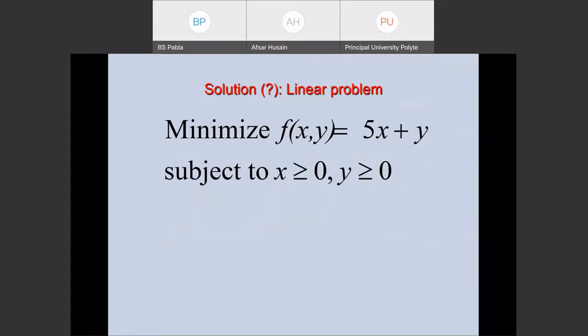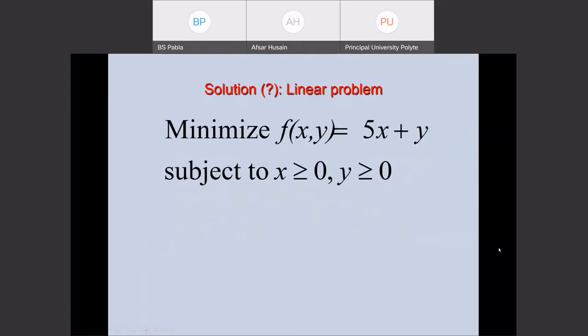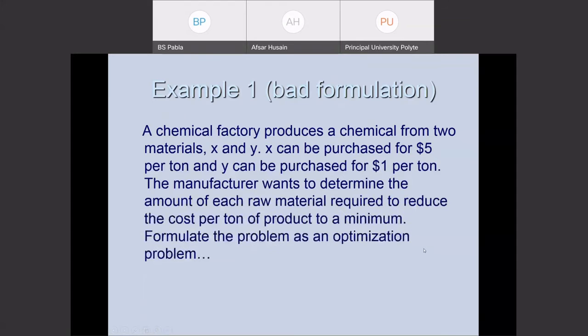So it says minimize f of x and y. So what is that? It says it wants to reduce the cost per ton, isn't it? So the cost is a function of what? Let's say you have x and y: 5 into x plus 1 into y. If you have 1 ton of x material and 1 ton of y material, that means you have $6 of material.